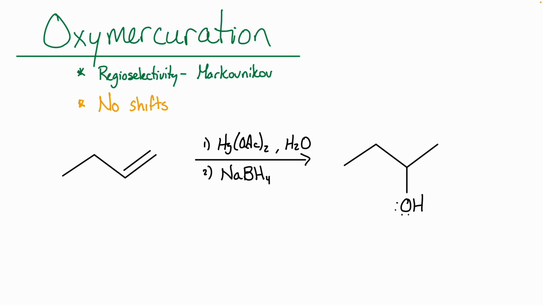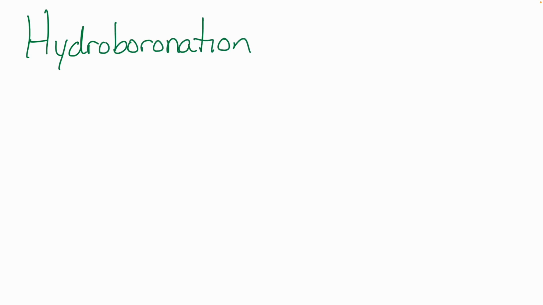We got one more. This is what's called a hydroboration reaction. We're going to start out with our same substrate. Now we've got kind of a fancy list of reagents here.